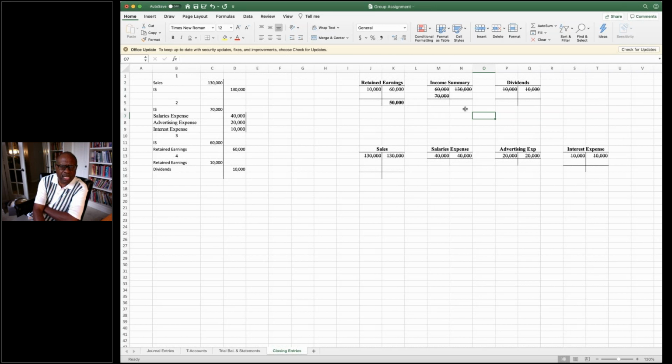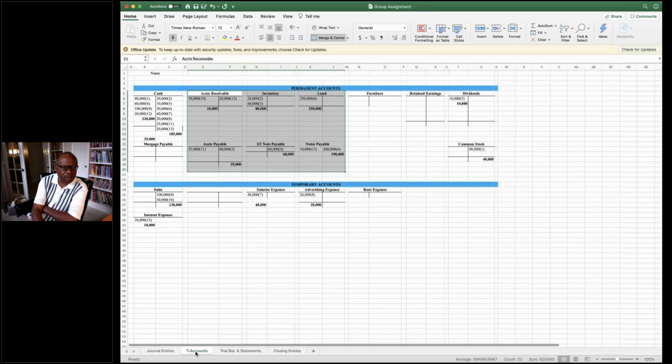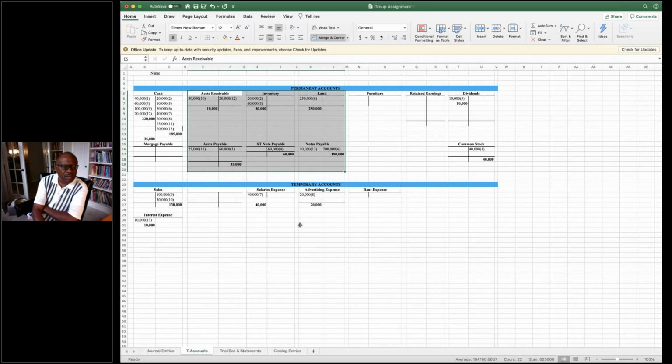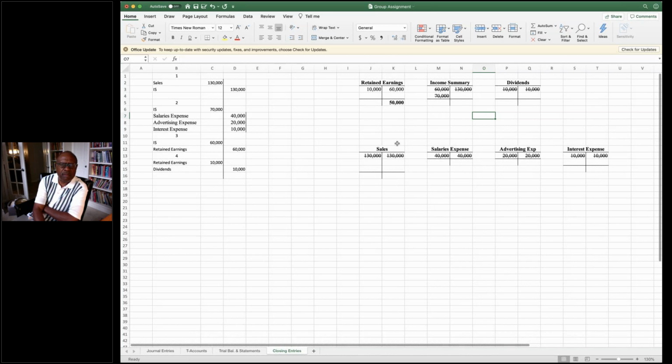We scratch them out. Yeah, so we put them here so you could see them. They would actually be back over here, but we cross them out over there. For teaching purposes, we have them here with the closing entries so you could see it better.